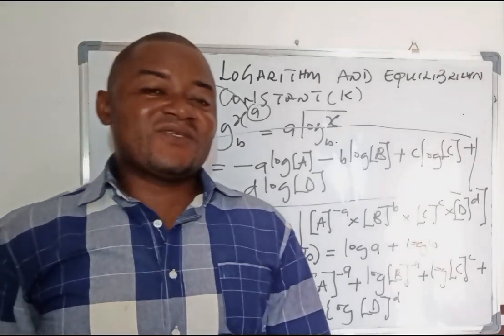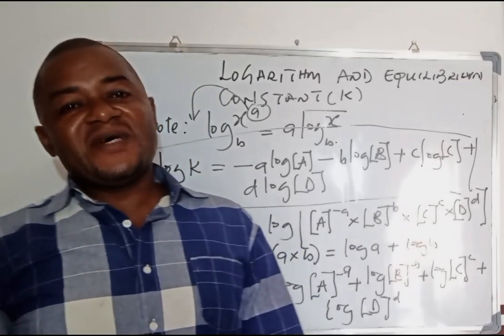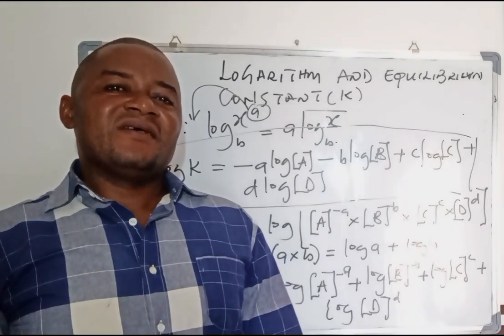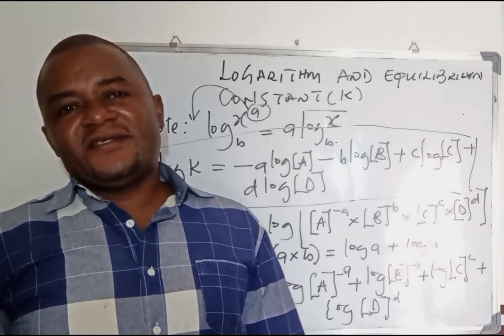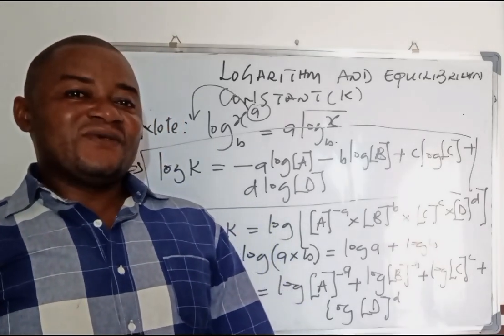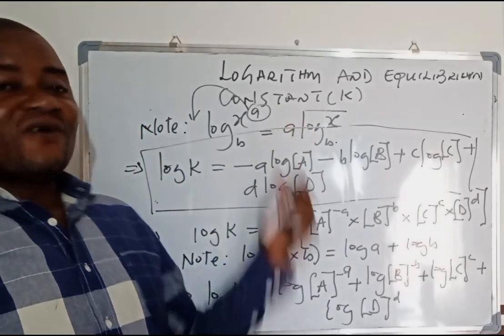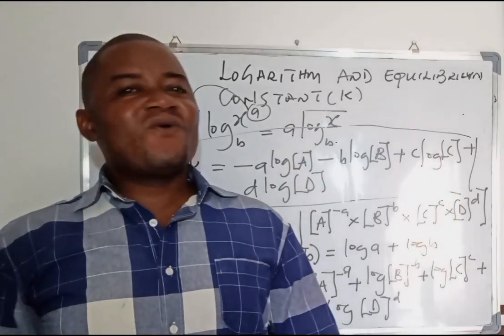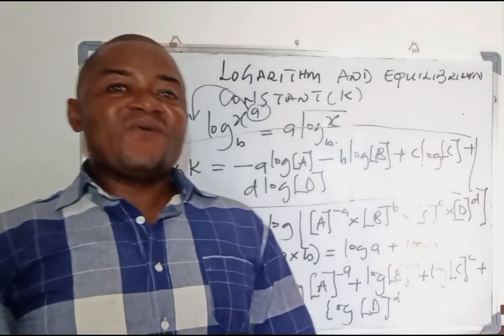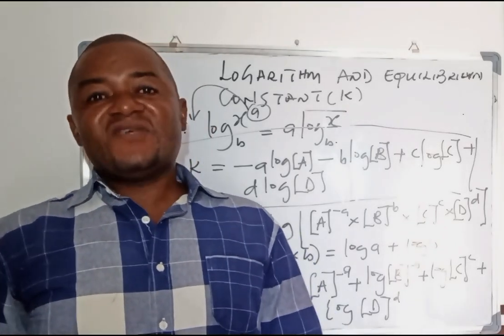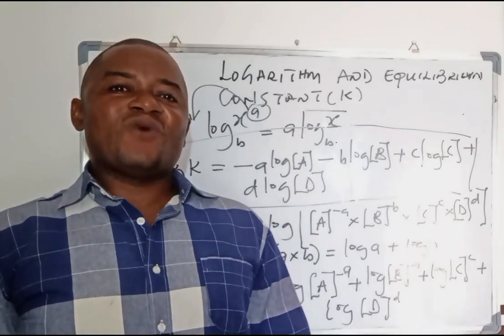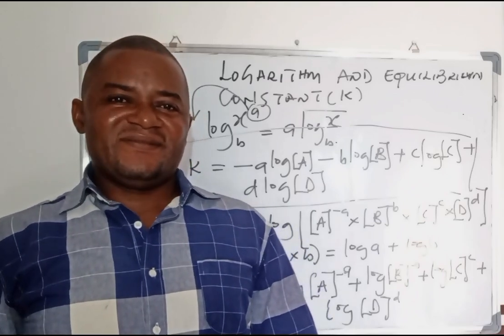In our previous class we saw how we use logarithm mathematics in solving a problem in pH. And now we also use logarithm in solving a problem in equilibrium constant. And this can go on and on. All we need to know is that we must understand the base of mathematics to appreciate chemistry.